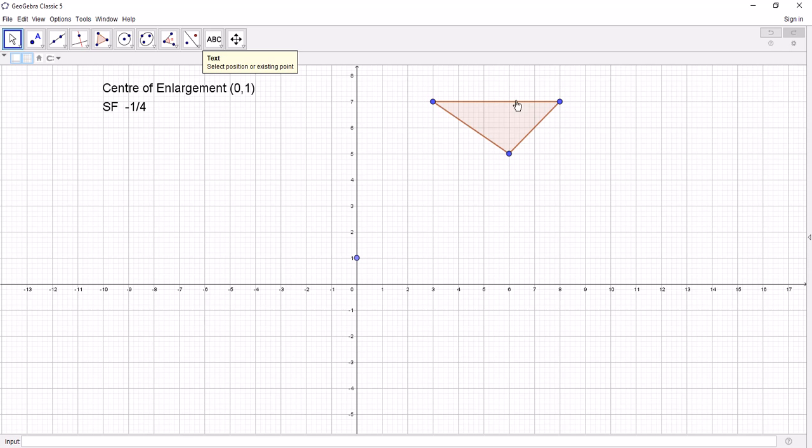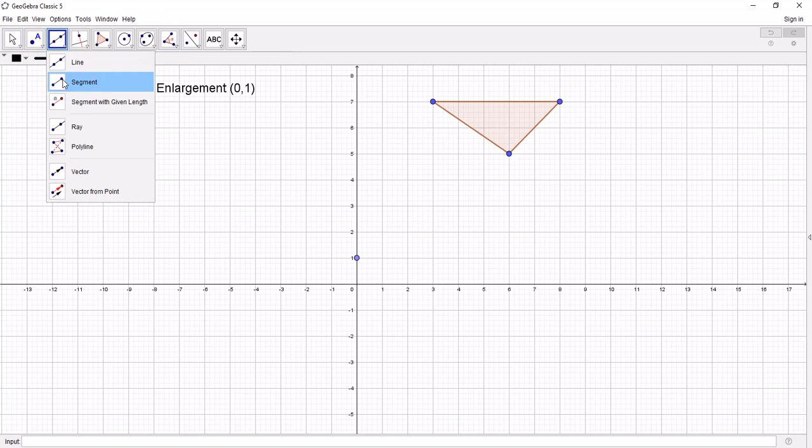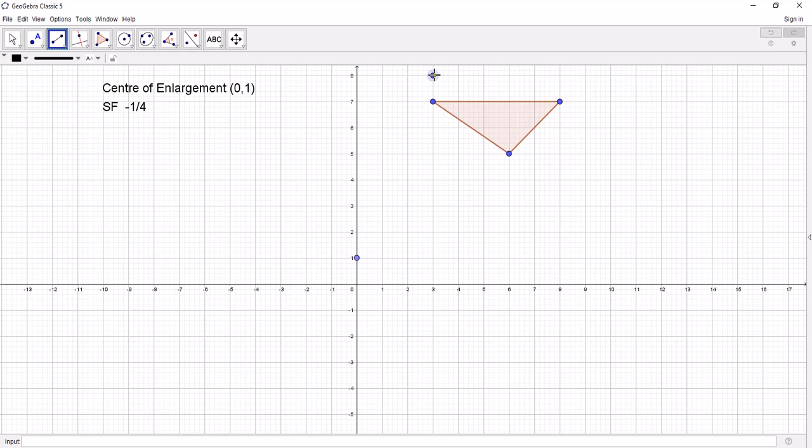Here I've got 5, and 1/4 of that would be 5/4, which is 1.25. So the length I'm going to need in the end is 1.25, which would be here, because that is exactly 1/4.